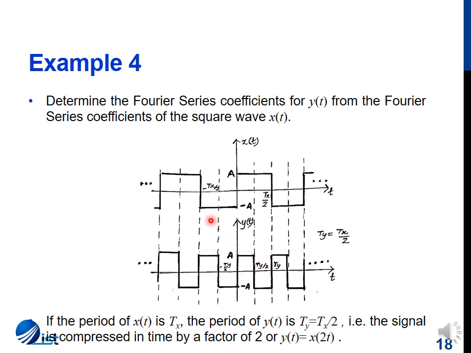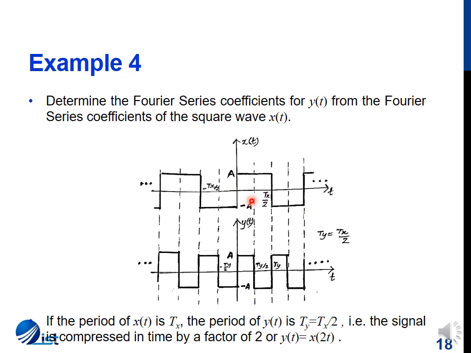If you look at the figures, you can observe that now in this one positive side, the entire wave passes, so that now Ty is Tx by 2.